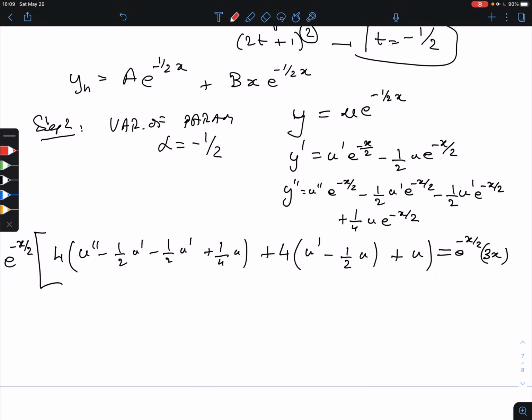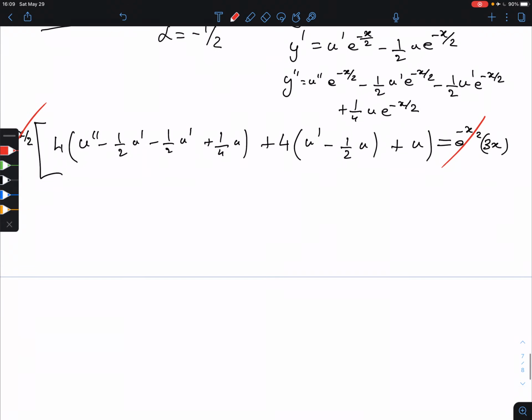So these cancel, and we have what we expect. We're going to have a second order differential equation with just a polynomial as a forcing function. So let's work it out. We get a 4u double prime, and here these two minus a halves combine to minus u prime, but it's times 4, so minus 4u prime.